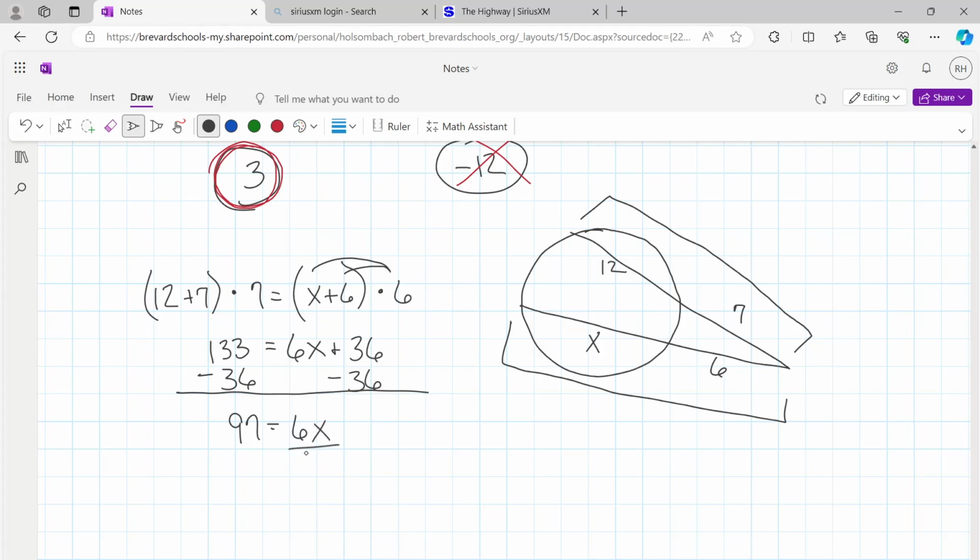And then we can divide both sides by 6. And 16.2 is equal to x.